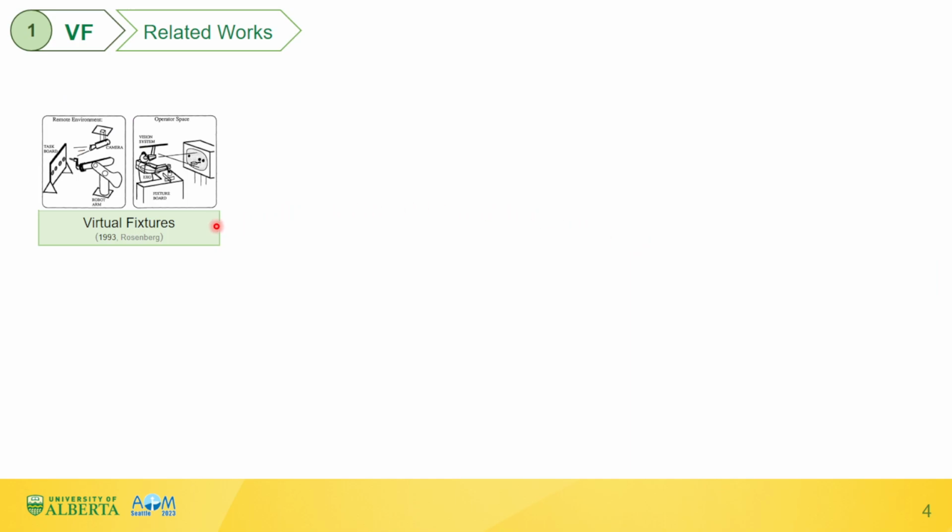Here are some related works about virtual fixture. Virtual fixture, VF, was initially proposed by Rosenberg in 1993, aiming to help operators achieve better performance in teleoperation tasks like peg-in-hole.